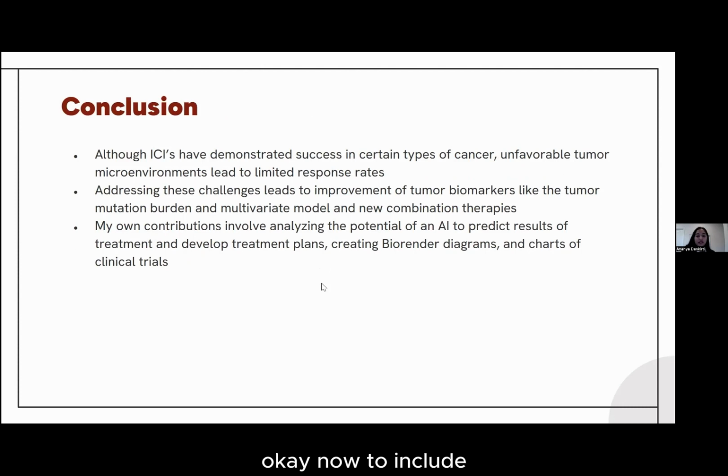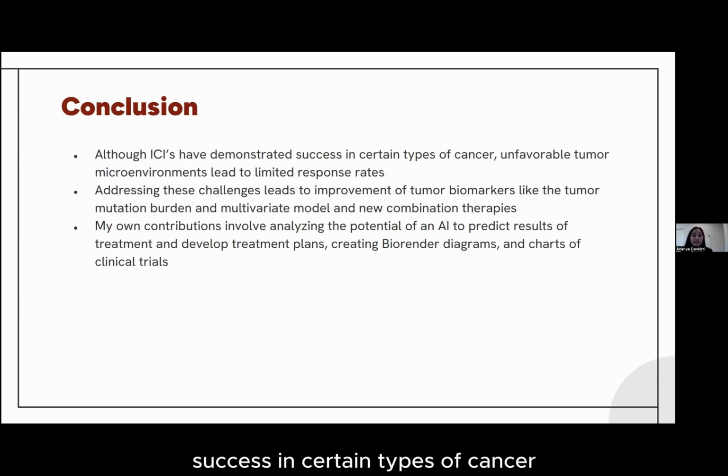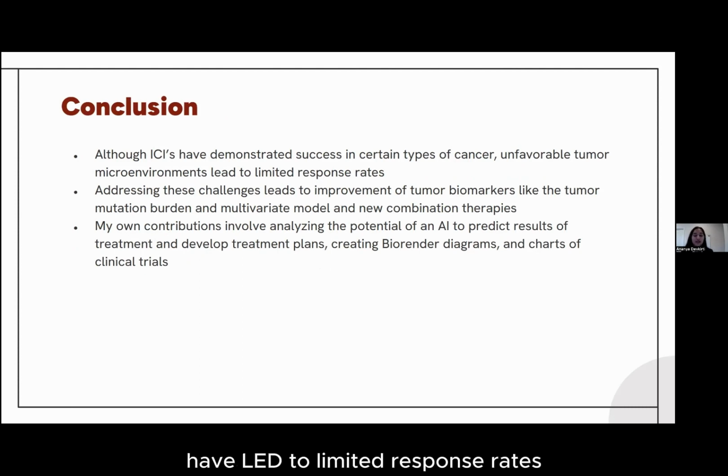Now, to conclude, although checkpoint inhibitors have demonstrated success in certain types of cancer, sometimes unfavorable tumor microenvironments have led to limited response rates. And addressing these challenges can lead to the improvement of these tumor biomarkers, such as the tumor mutation burden and the multivariate model, as well as new combination therapies, which is the combination of checkpoint inhibitors with other treatments like chemotherapy, radiation therapy, targeted therapy, or other checkpoint inhibitors.